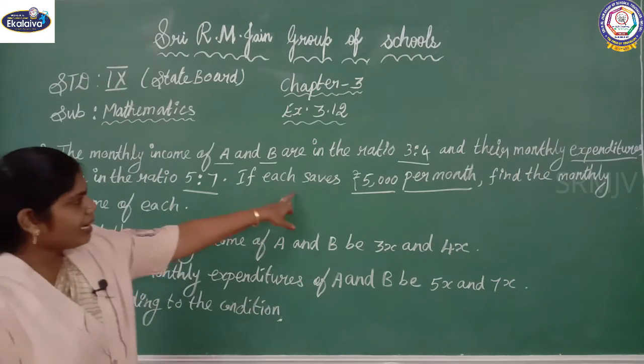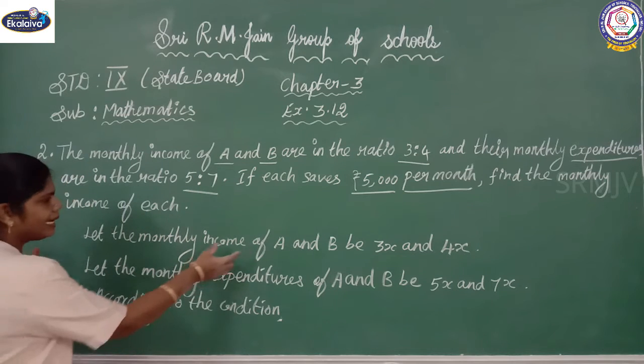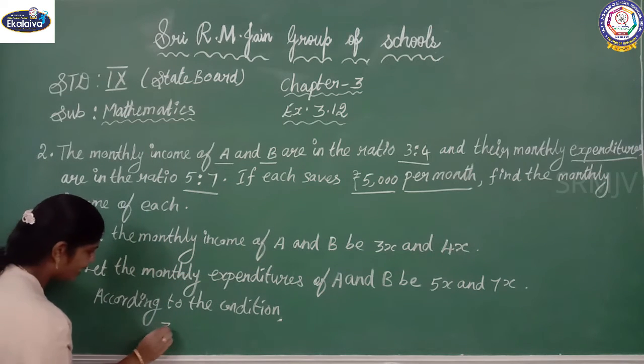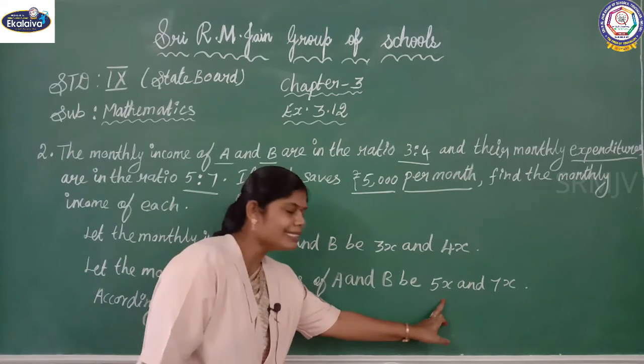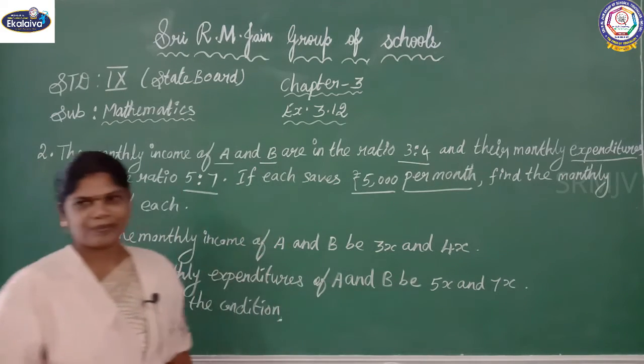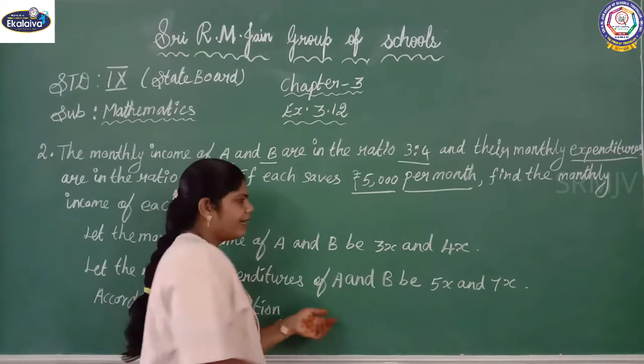if each saves 5,000 per month, the monthly income of A is 3x and the monthly expenditure of A is 5y.